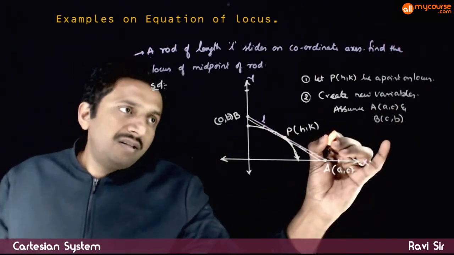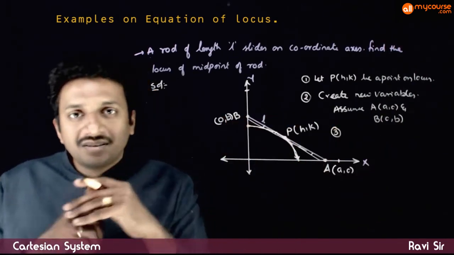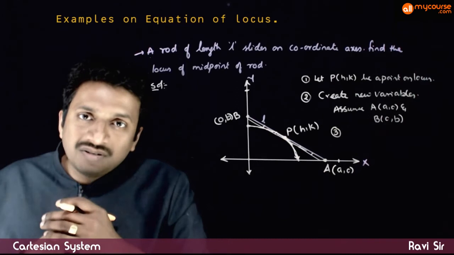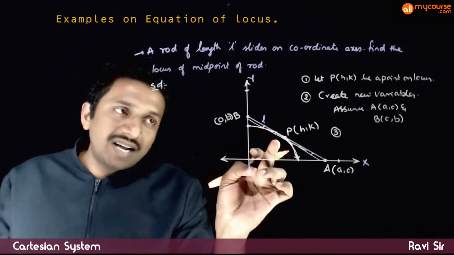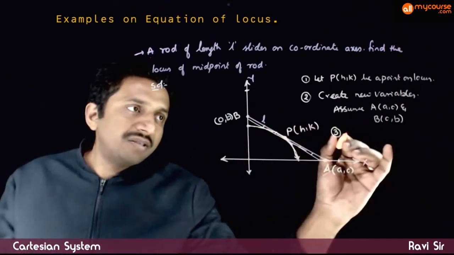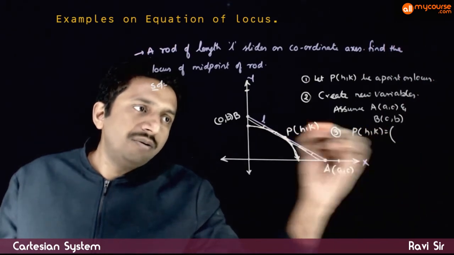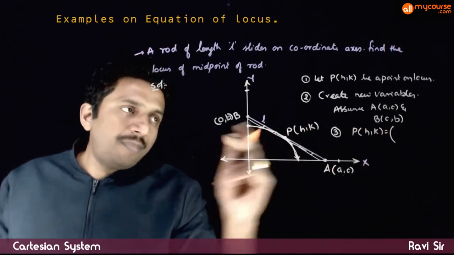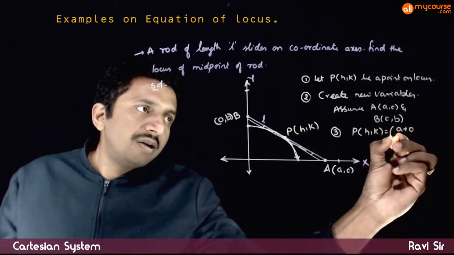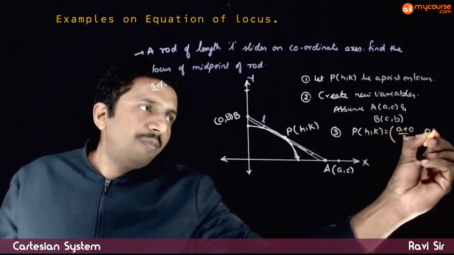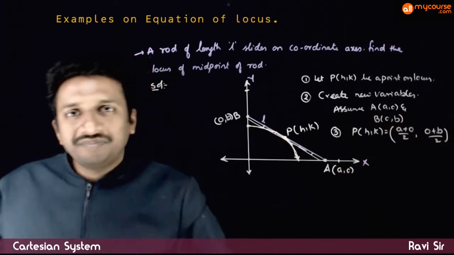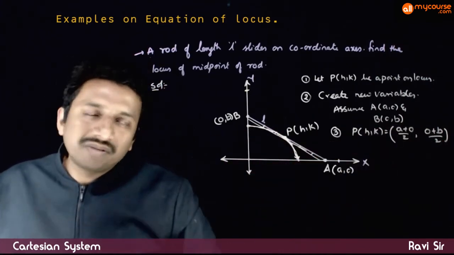Now, using these variables, write the equations if you can. What is the condition? P(h, k) is the midpoint of this. So P(h, k) is equal to ((a + 0)/2, (0 + b)/2). Now you are able to write some equations.